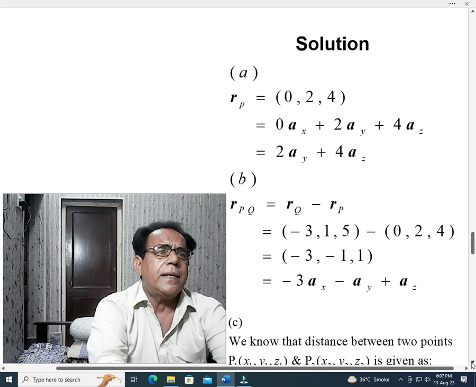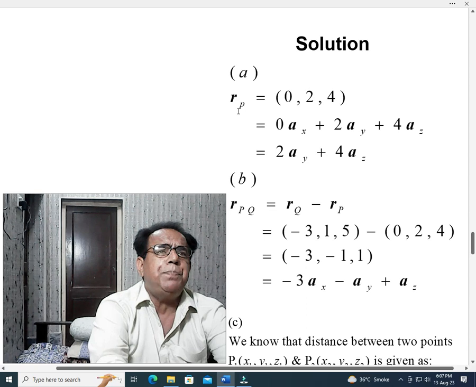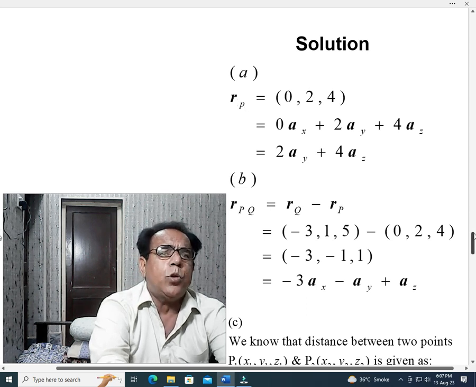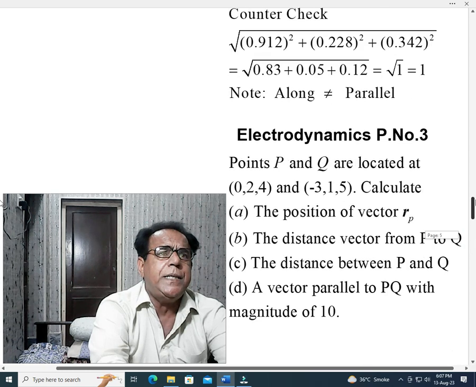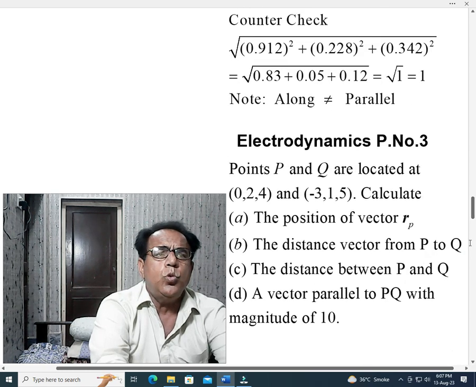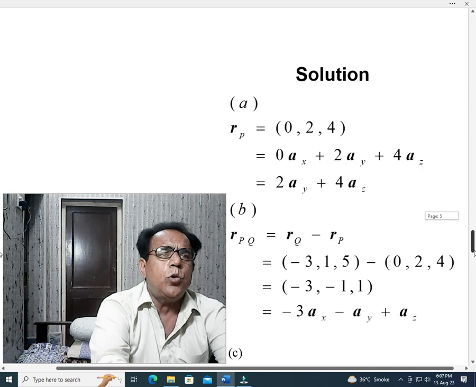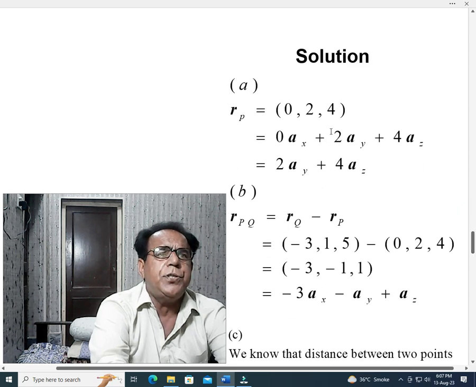Part A, vector RP becomes equal to this. This is the same as P, because position vector is always taken with respect to the origin, which is 0, 0, 0. So RP will be exactly the same as P. What is P? P is 0 to 4, and RP is also 0 to 4.